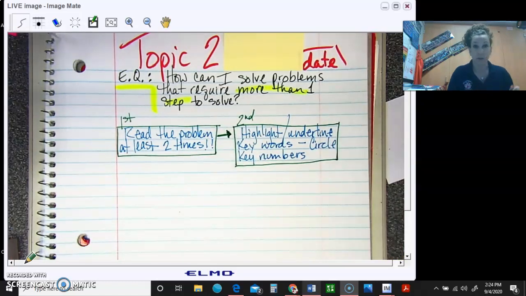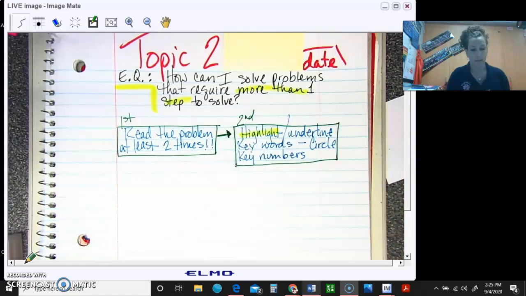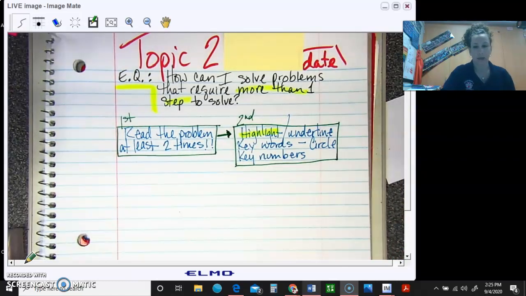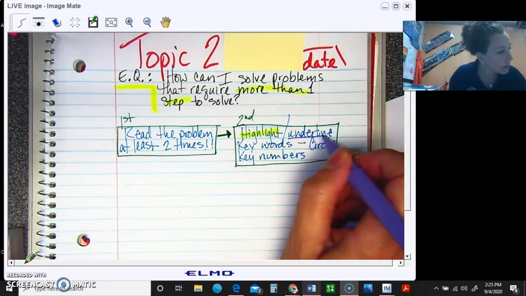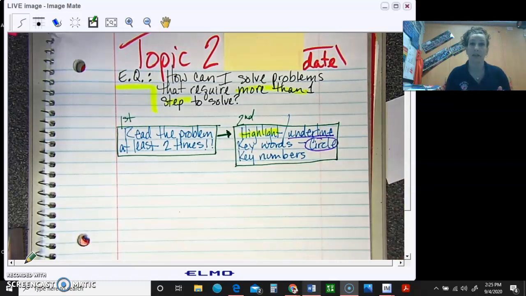But before I move on to the third step, I am going to do what that says. I'm going to highlight. And I am going to underline and circle, just in case there's any confusion as to what those words mean.